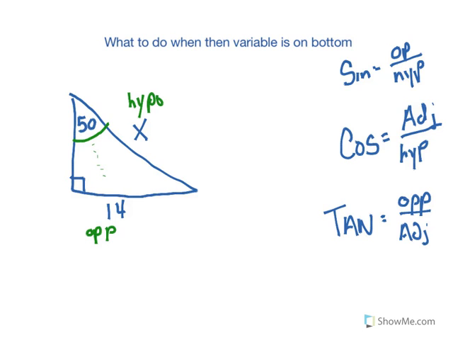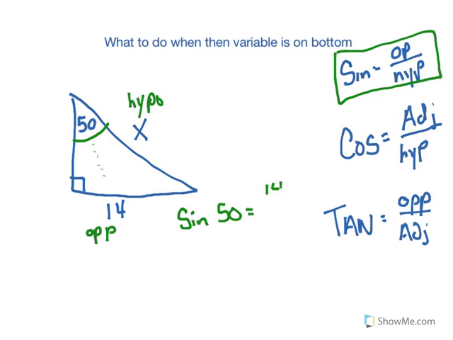Once again, I am picking sine because that is opposite over hypotenuse. So be careful here. My variable does not automatically get put on the top. Sine of angle 50 equals opposite over x. It's a little different.